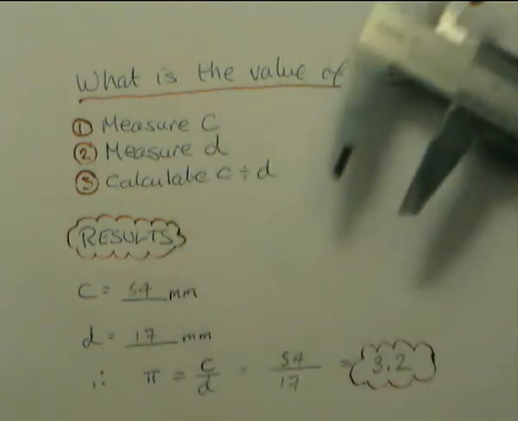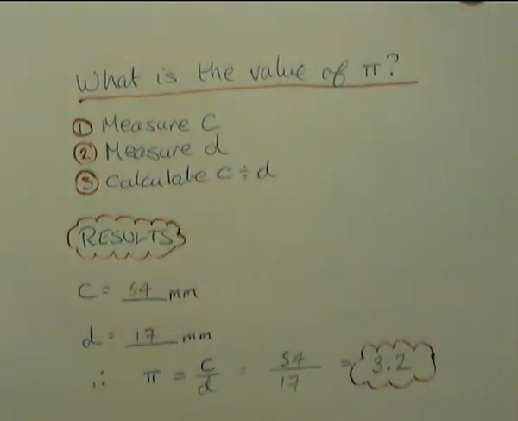So I've written that down here, and then I simply take pi equals c over d, divide 54 by 17, and if you do that on your calculator, you'll get an answer of 3.18. Well, I'm working to 2 significant figures, so I'm saying that pi is roughly 3.2.